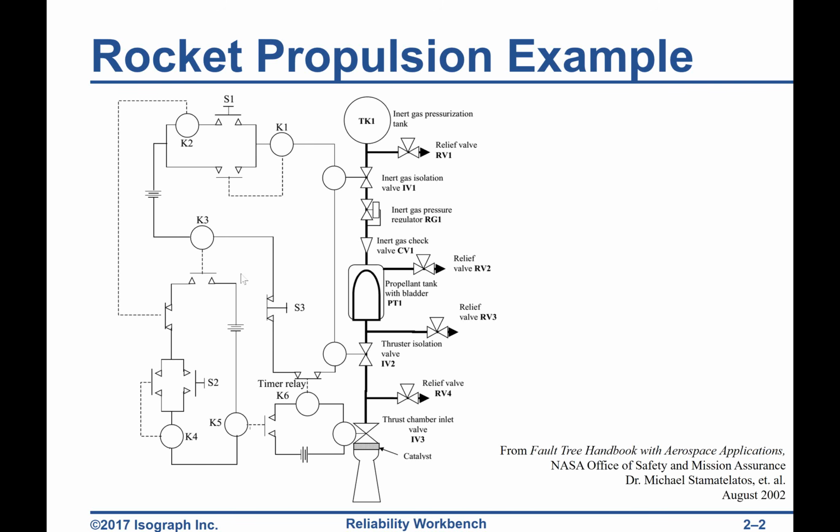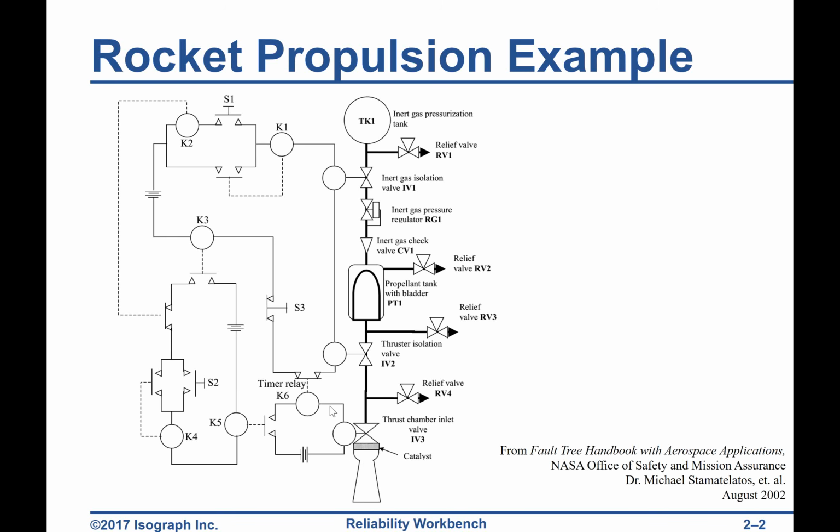Depressing S2 will close the firing circuit and signal relay K5 to close the timing circuit. And that will open the thrust chamber inlet valve, IV3, finally allowing all the monopropellants to flow into the thrust chamber. The hydrogen peroxide flows into the catalyst, breaking it down, causing the chemical reaction which provides thrust.